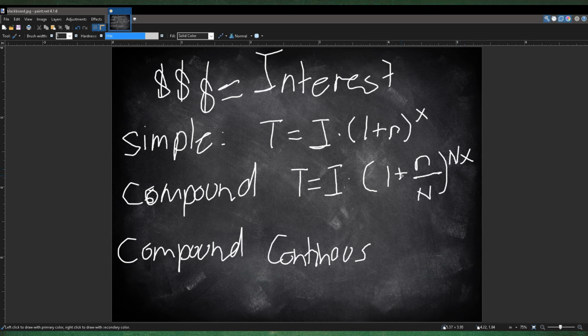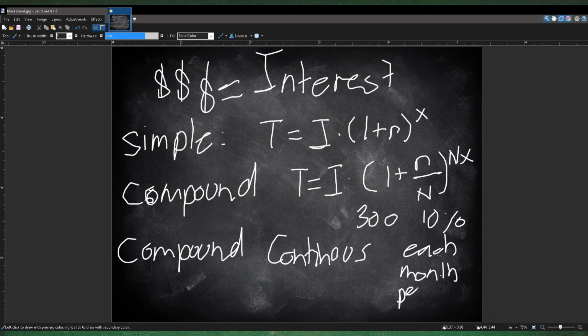What this is saying is that it's not each year, but let's say it's compounded monthly. Let's say you have $300 and you're making 10% per year, compounded each month.